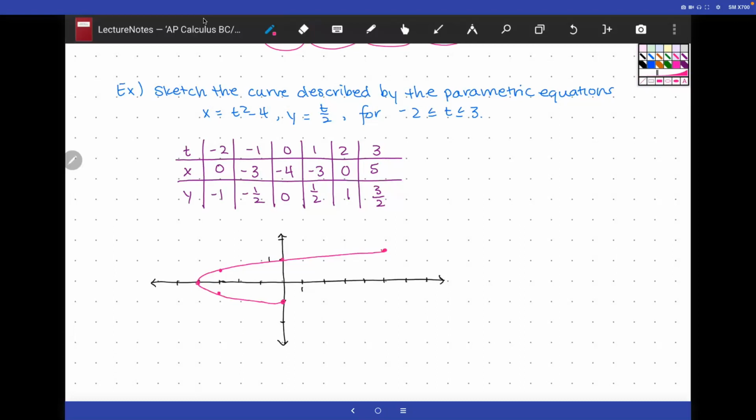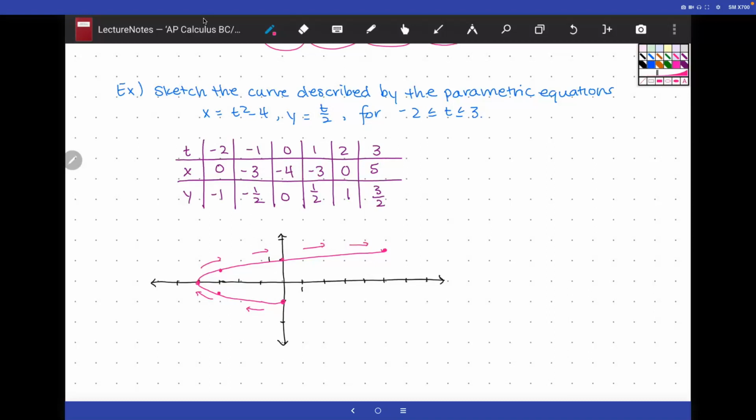So you will actually see a bunch of arrows drawn alongside the curve like this to indicate the direction that the particle is taking on the path. So we have the path, we have the start, we have the end point, we have the direction. This is parametric equations. I know, it's very exciting, isn't it?